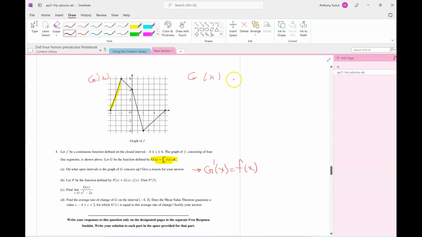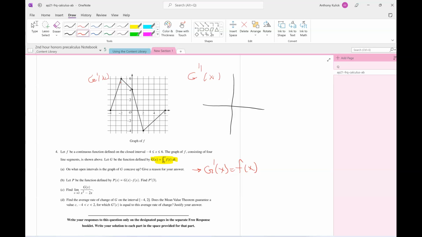So I think I do want the second derivative, right? What's the second derivative rule for concavity? I'm pretty sure it's the zeros of the second derivative. Well, that's where the inflection points are.